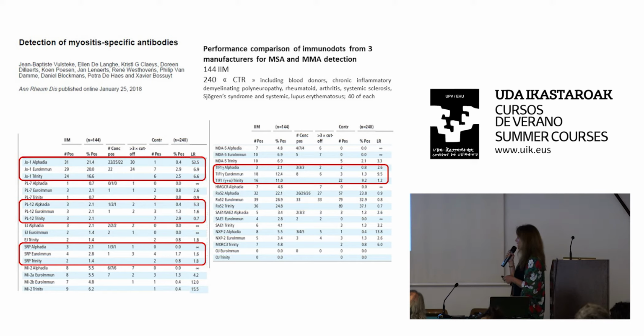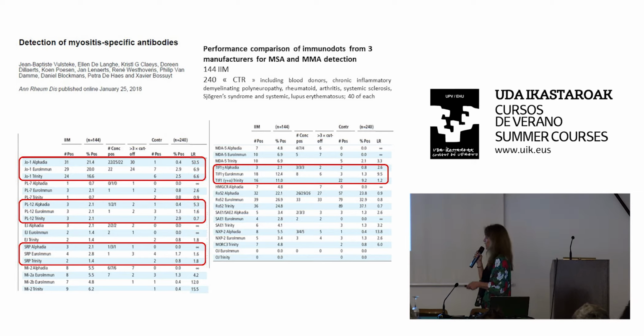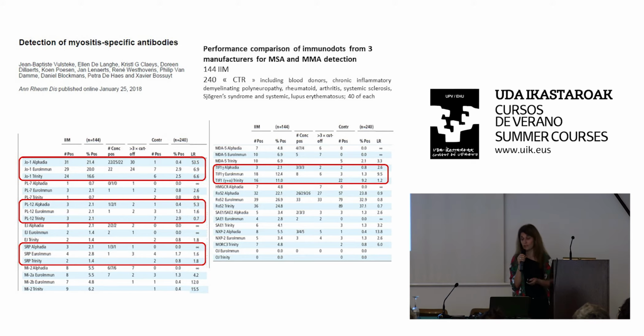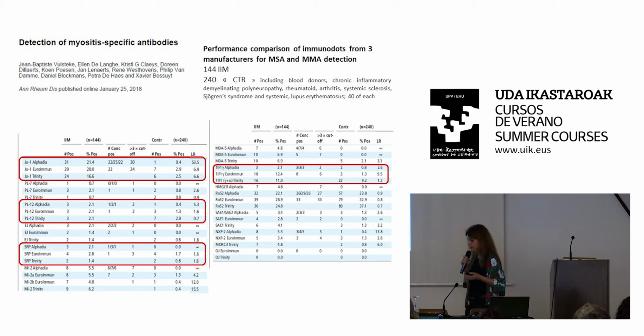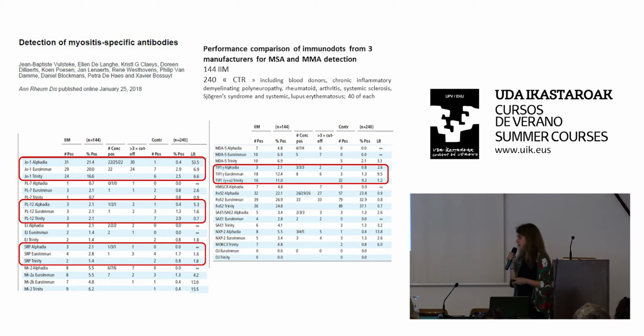Of interest here, when you compare these same 3 manufacturers, you can see that this manufacturer has low sensitivity for anti-type 1 gamma antibodies compared to the other manufacturers. So this test works well for the other MSAs, it's quite a good test for other MSAs, but be aware: if you have a strong clinical suspicion of dermatomyositis, and maybe a cancer-associated one, and you have a negative result for type 1 gamma, you should test with another manufacturer in order to be sure that the antibody is negative.